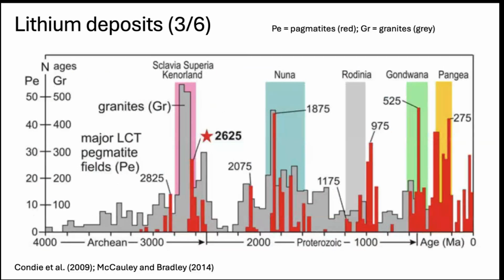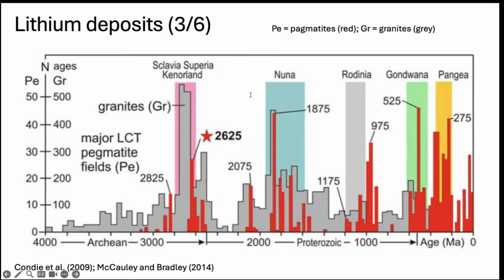So this is a plot which shows pegmatites in red. The red bars represent the pegmatites. The gray bars represent granites. And then the colored bars represent different supercontinents. Supercontinents just escaped me for some reason.